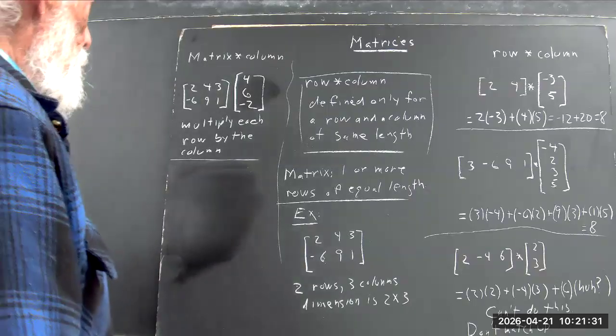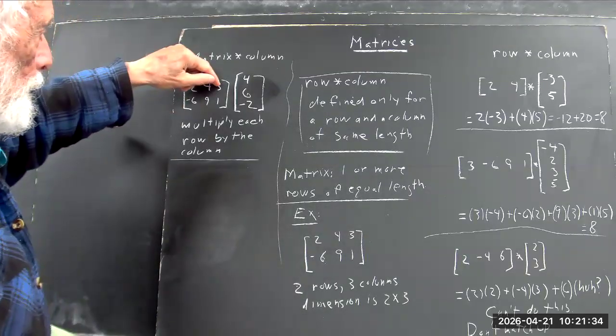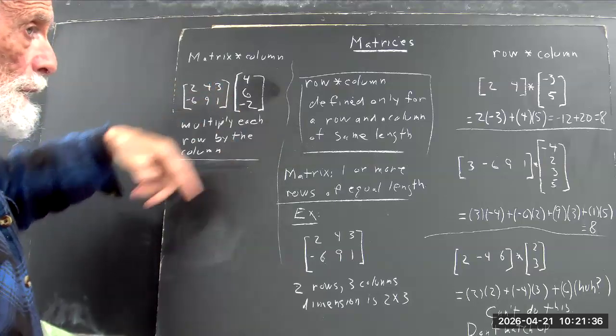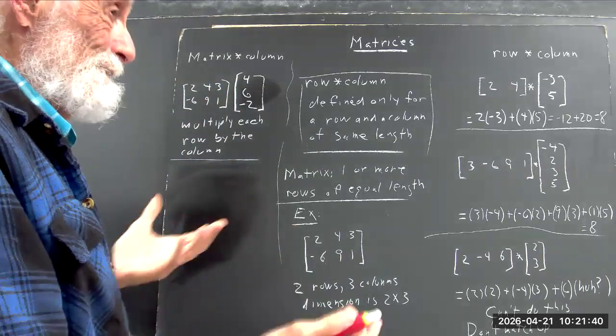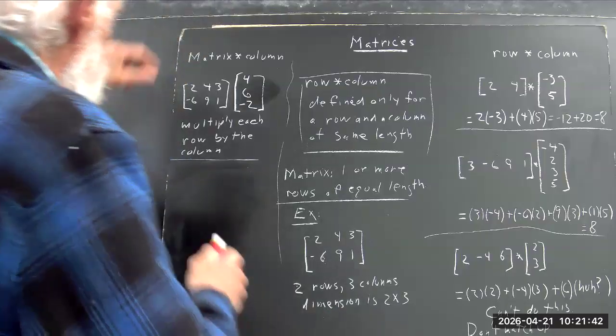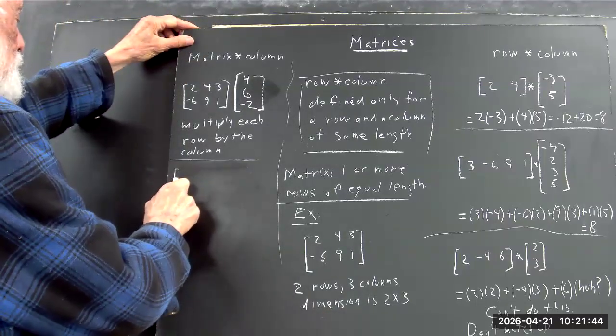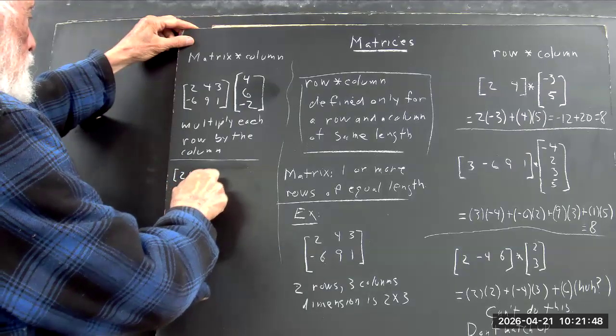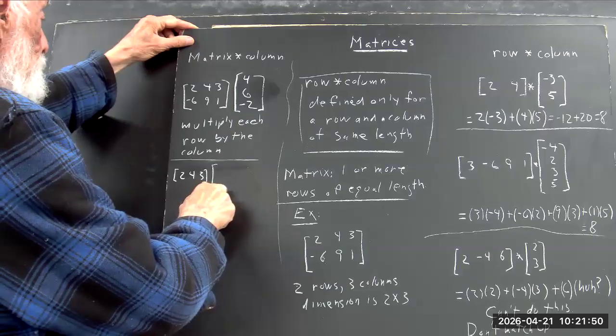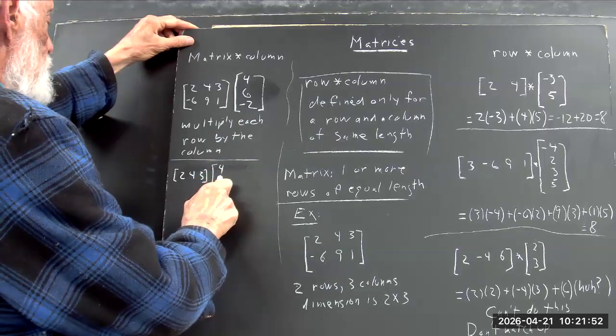That's going to be better because now when I try to multiply the first row by the column, it's going to work. And whatever I did last time just wouldn't happen.